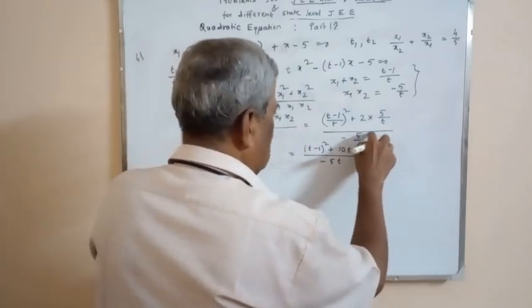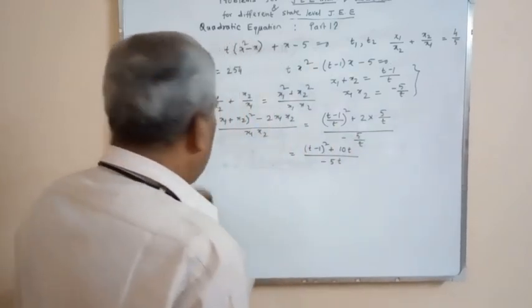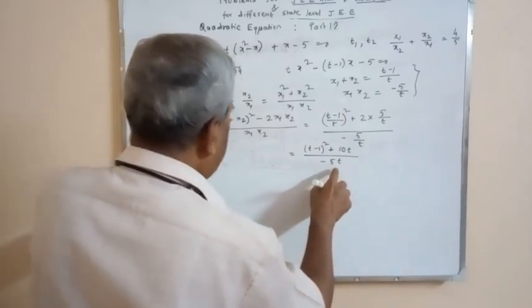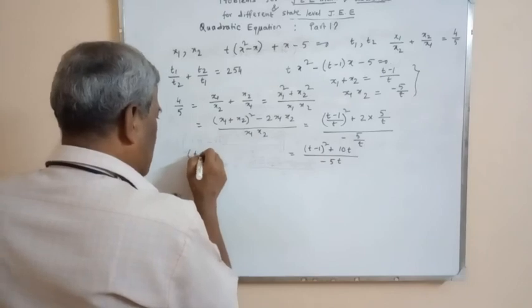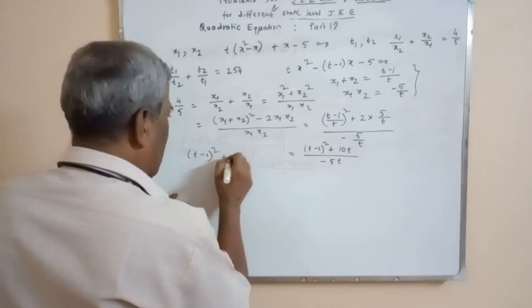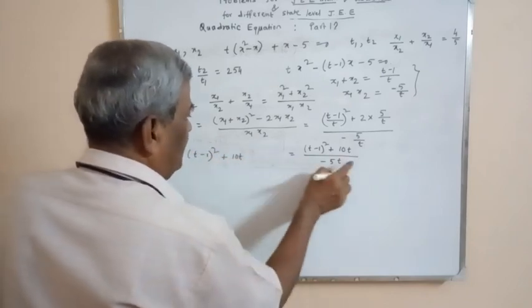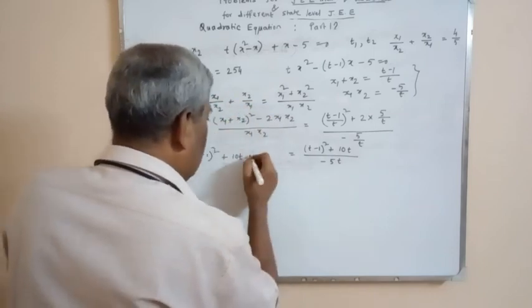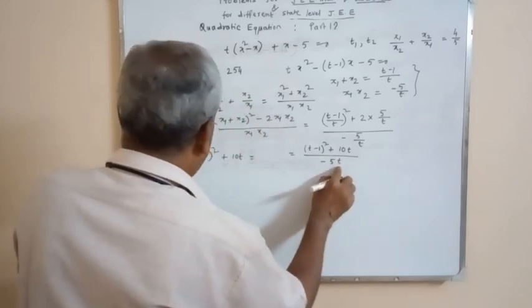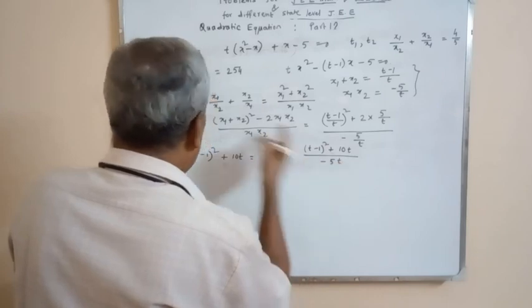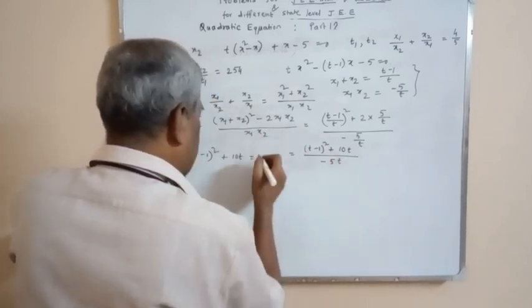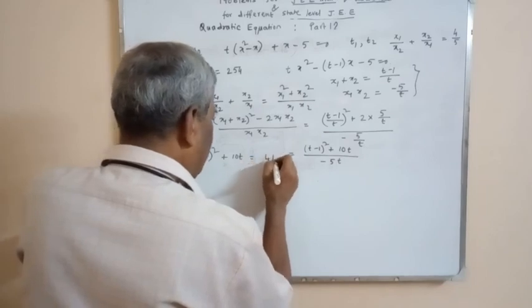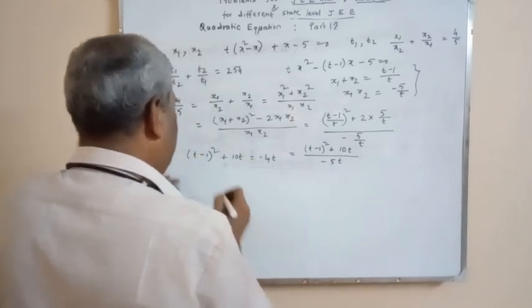T is in numerator, t square multiplying by t square. So 5 cancels, so that t minus 1 whole square plus 10t is equal to minus 4t. This is minus 5 cancels, 4t with negative sign.